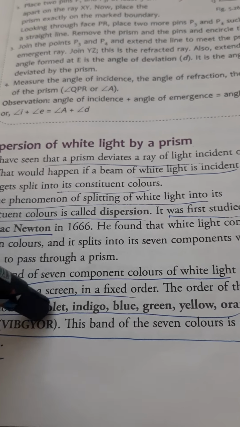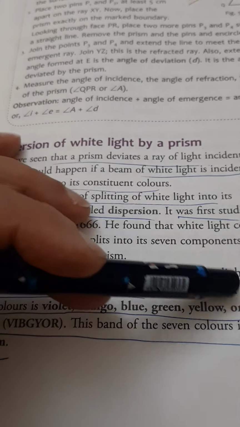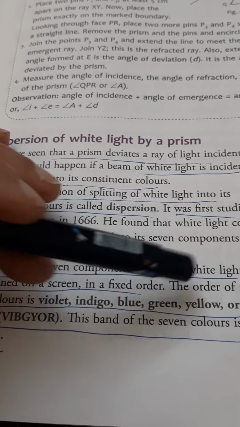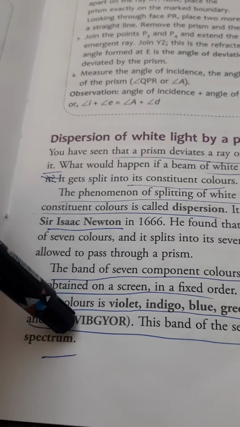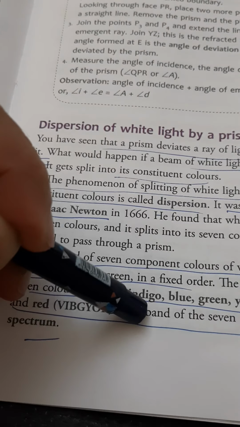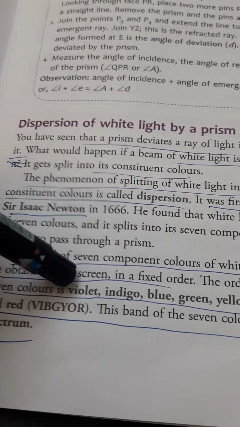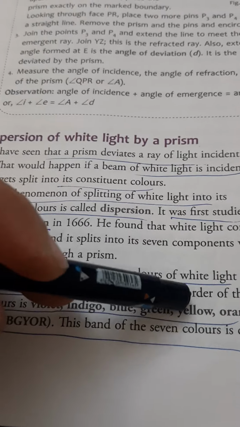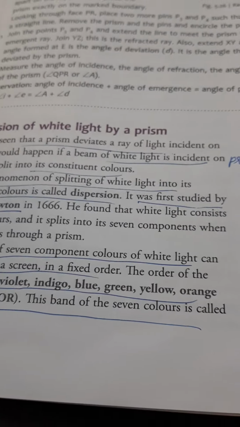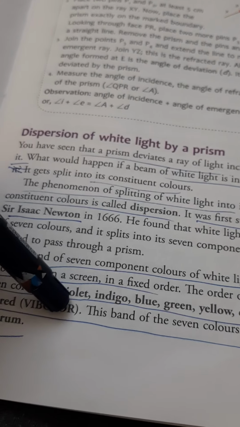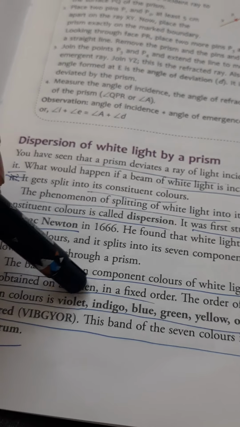You are going to write it in this order only. So you learn this word VIBGYOR, which is going to help you to arrange the colors in order. Now you see in this, violet is at the beginning and red is at the end.